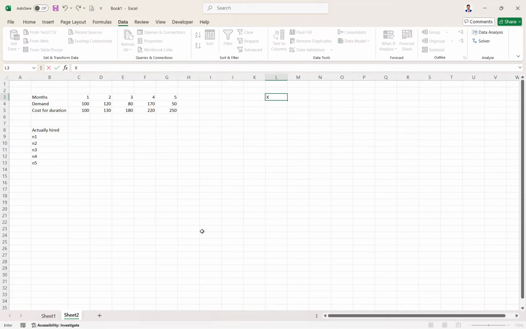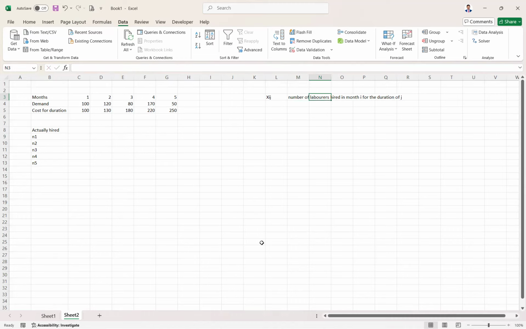Then Xij. This is one more variable. Xij gives the number of laborers hired in month i for the duration of j.